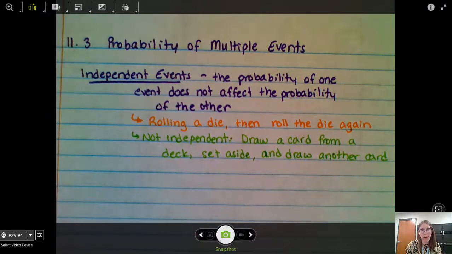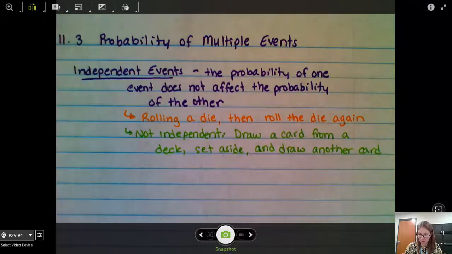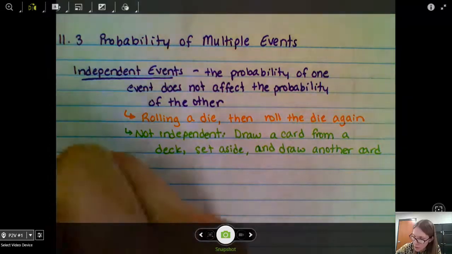These events are not independent because whatever your first card is, when we set it to the side, now your probability of drawing another card is different because now there are fewer cards in the deck. So those would not be independent events.